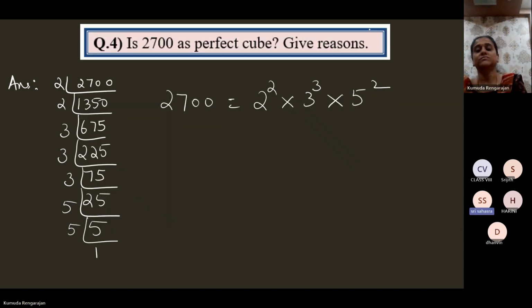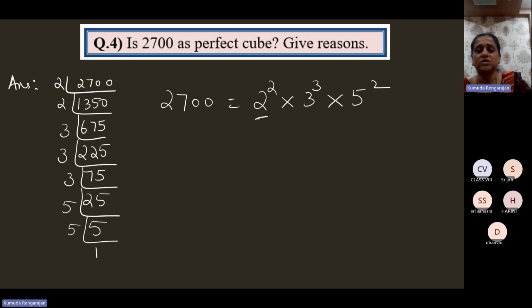Sahasra, are you there? Yes, ma'am. Okay. So 2700 is not a perfect cube because the prime factors 2 and 5 do not occur in triples is the reason. That's the reason. Because when you factorize a cube number, you will see that every prime factor occurs in triples. If it is not a perfect cube, every prime factor may not occur in triples.